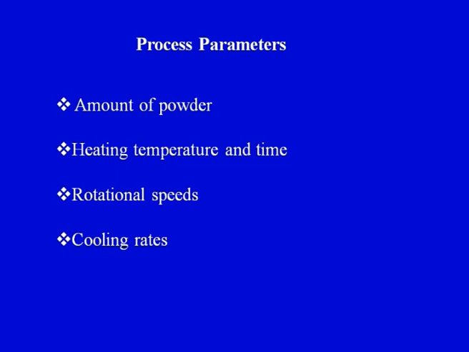Once again, let us revise the important key points that we have to keep in mind when we are planning to make a product by the rotational molding process. First and foremost, we have to decide the amount of plastic powder which is going as input into the rotational mold. Second point is the temperature, for how long we have to maintain that temperature or how much heat we have to supply.